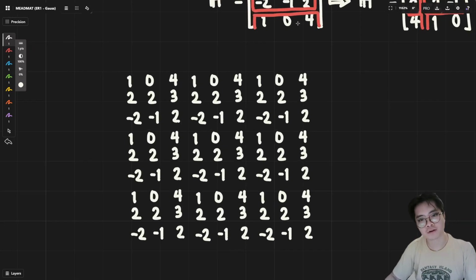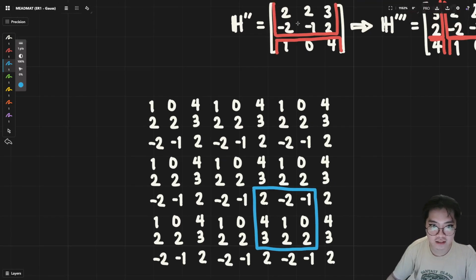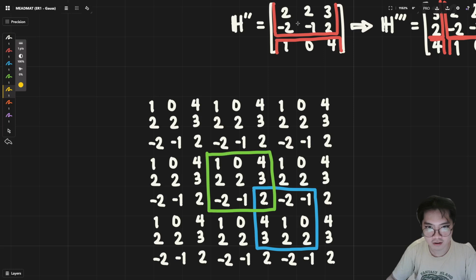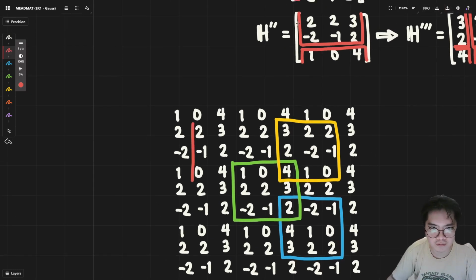No matter the kind of 3x3 matrix that we box, say for example, something like this will still have a determinant of 15. This still has the determinant of 15. And just to cap things off, something like this still has the determinant of 15.